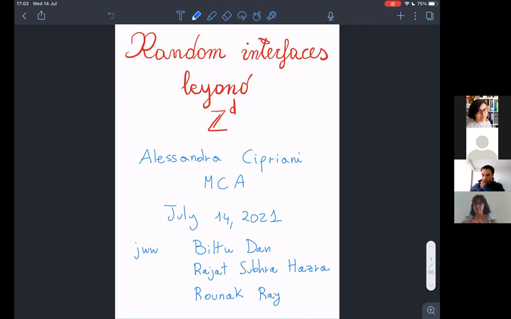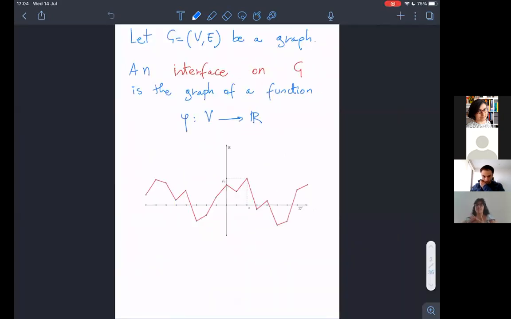To discuss the results I want to present today, I first need to describe what a random interface is, and I will start with the definition of an interface in general. Interfaces can be defined on any graph. You give me a graph with its vertices and edges, and I can define an interface on the graph simply as the graph of a vertex function.